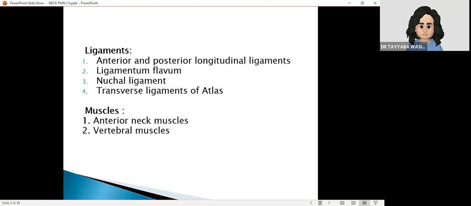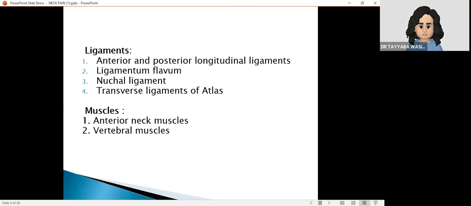Then comes the nuchal ligament, which connects the external occipital protuberance to the spinous process of the 7th cervical vertebra and serves as a septum providing a site of attachment for various neck muscles. Then come the transverse ligaments of the atlas, which connect the two lateral masses of the atlas and provide a site of attachment for the dens of the axis, that is, the 2nd cervical vertebra.